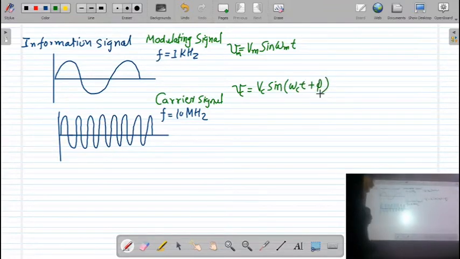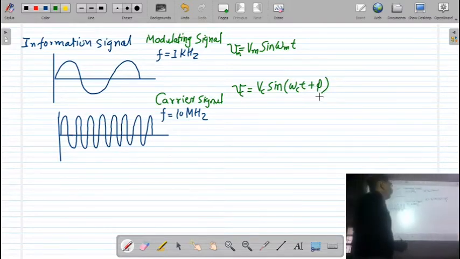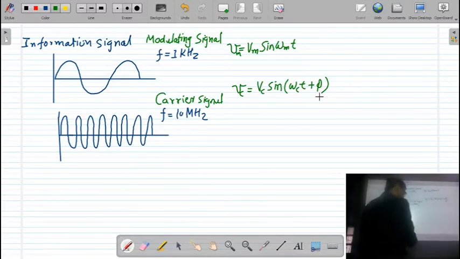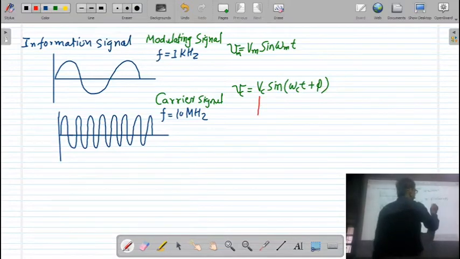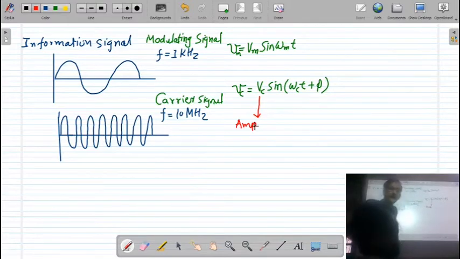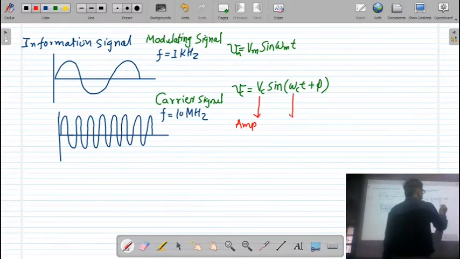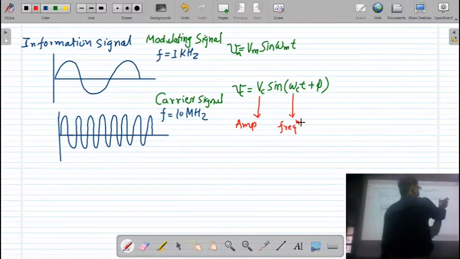Remember that any AC signal we can represent with the help of this kind of mathematical expression. Now, if you look at this expression, it has three different characteristics. One of the characteristics of the AC signal is called the amplitude. Another characteristic is called the frequency. And the third characteristic is this bracket.